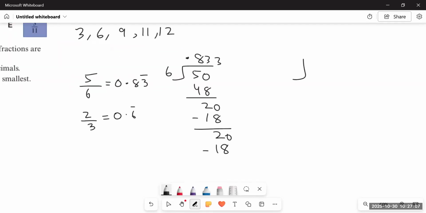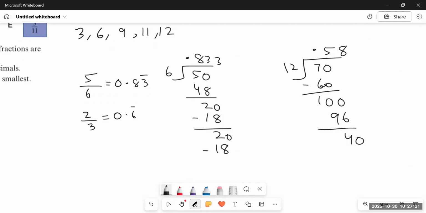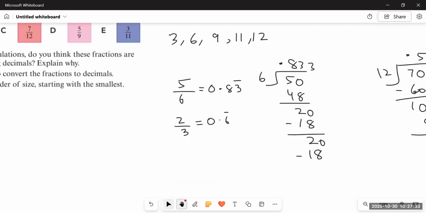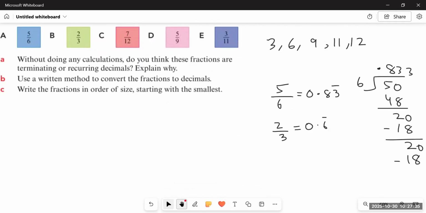So we will write 12 outside, 7 inside, put a decimal, and then 12 5s are 60. 12 8s are 96. 12 3s are 36, and 12 3s are 36 again. So this becomes 0.583.